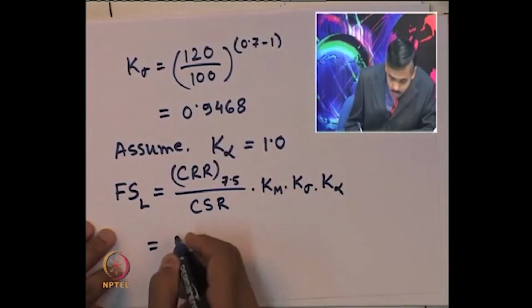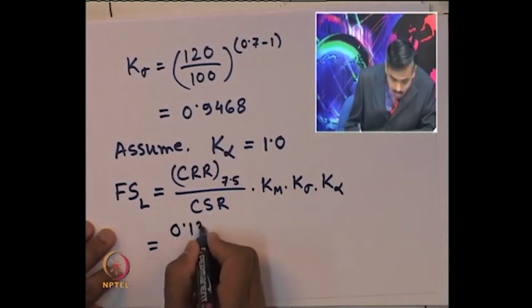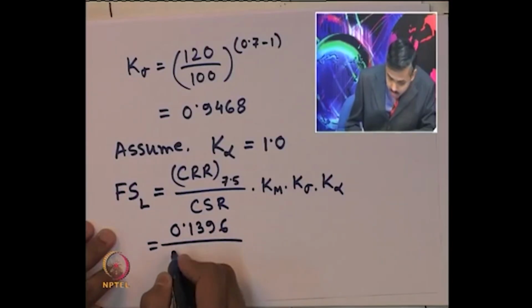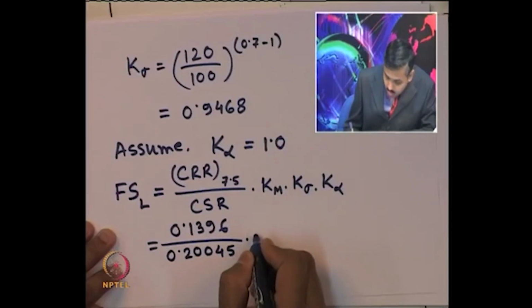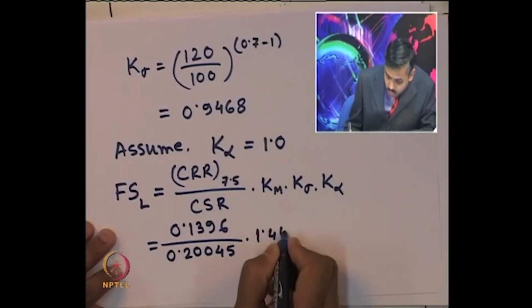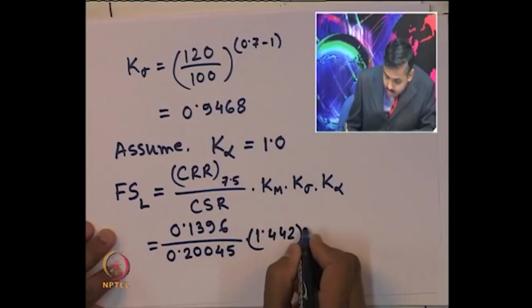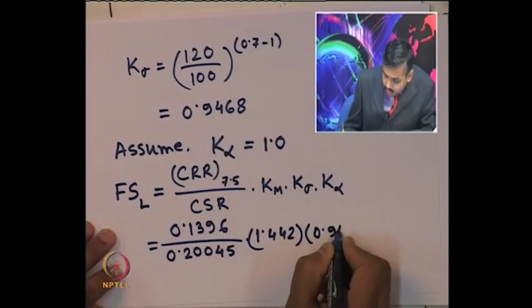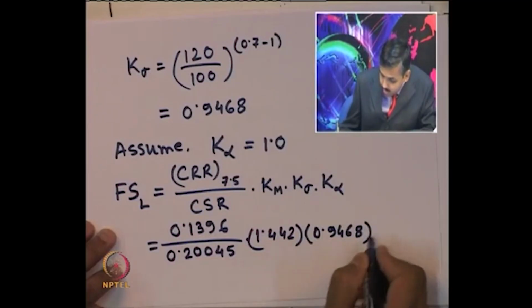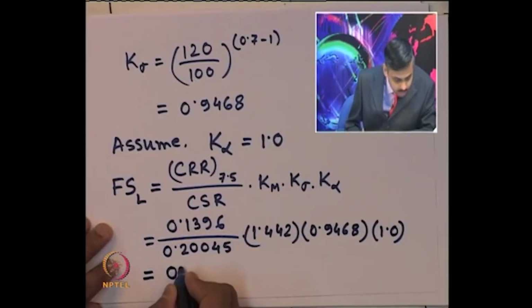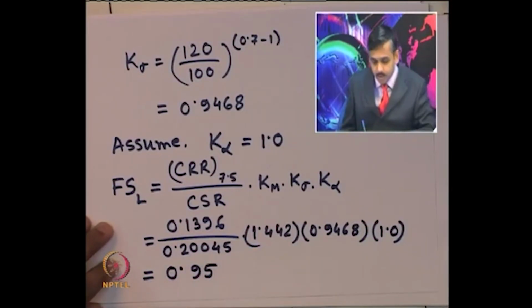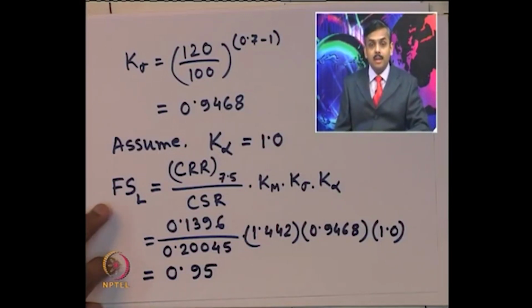If we put all our known values, what we will get is 0.1396 by 0.20045 times 1.442 times 0.9468 times 1, which gives us the value of 0.95.